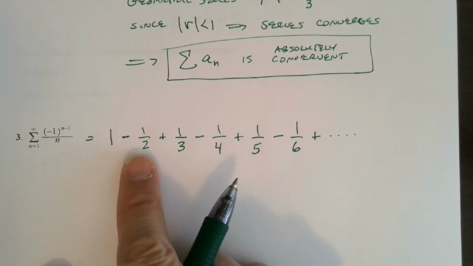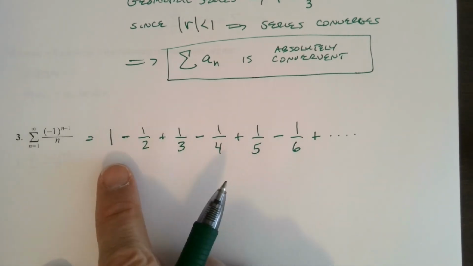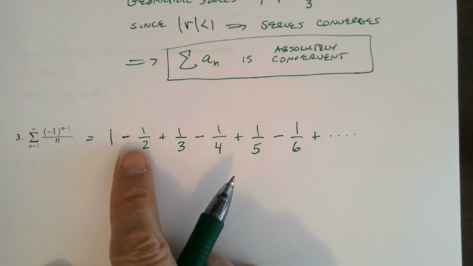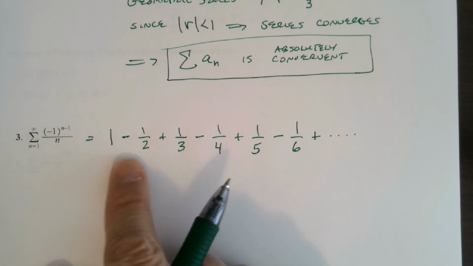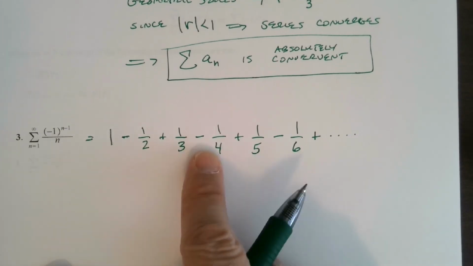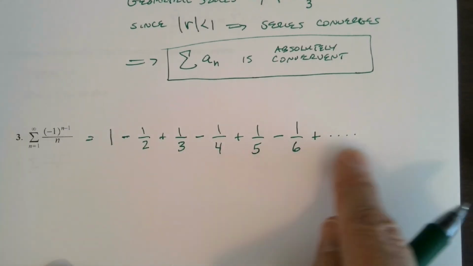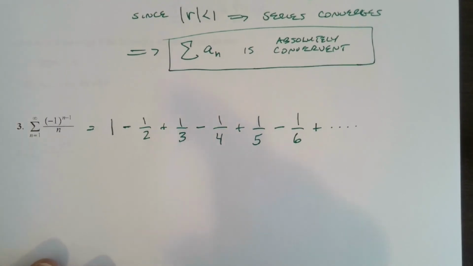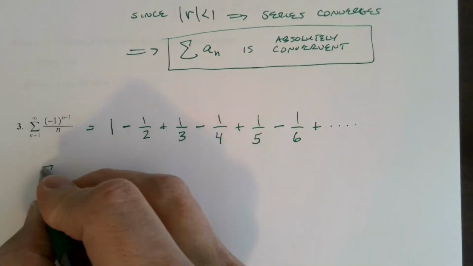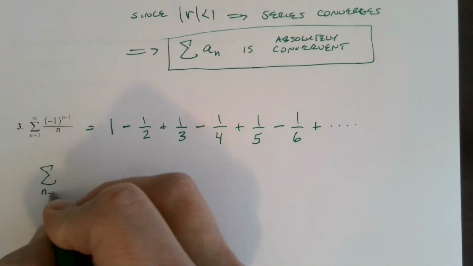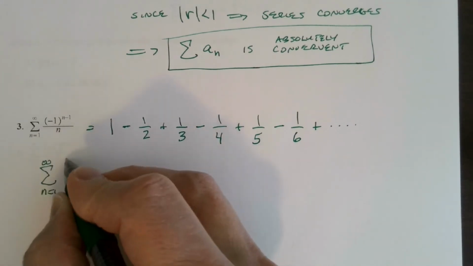With this series we're adding up an infinite number of terms, and now like the past two, we have some negatives and some positives, but there's certainly a pattern here. Positive then negative, positive then negative, positive then negative. So there's certainly a pattern there. Okay, well let's do our trick then. Let's look at the absolute value of this.